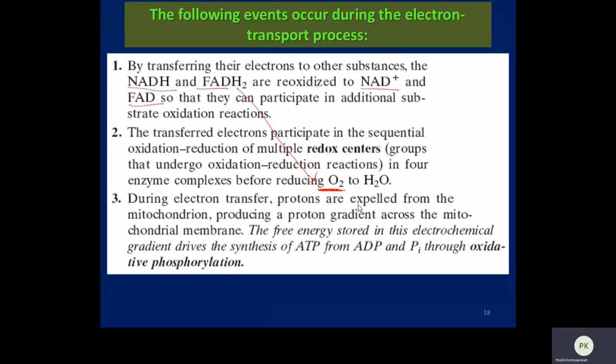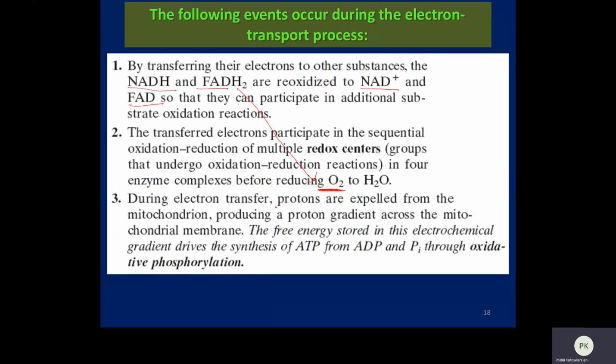As I already said, the first one is the oxidation of NADH and FADH2 that are produced in glycolysis and the TCA cycle. During this oxidation, the electrons are released, and these electrons are transferred to the molecular oxygen in the electron transport chain through various oxidation reduction centers.